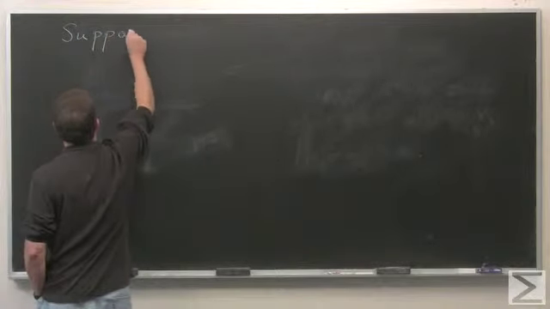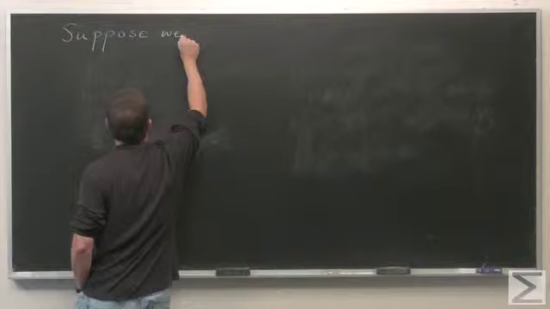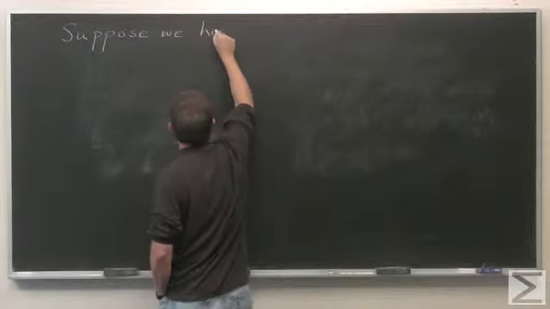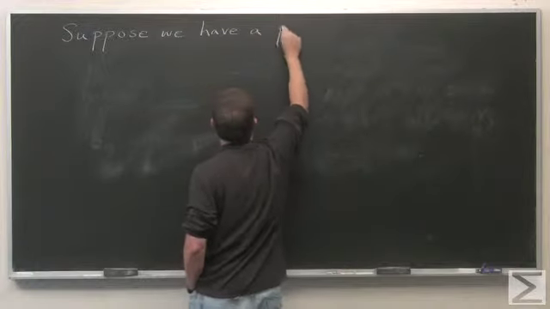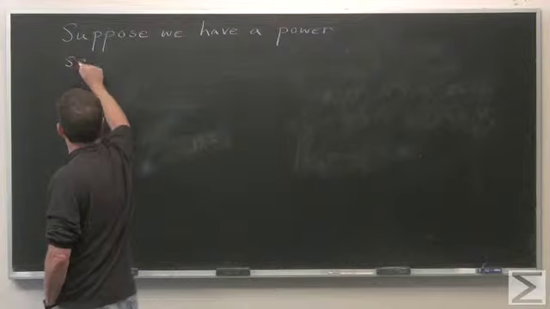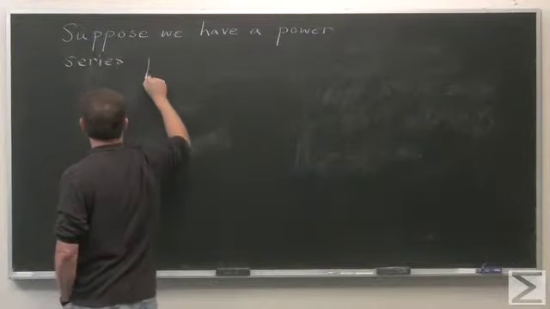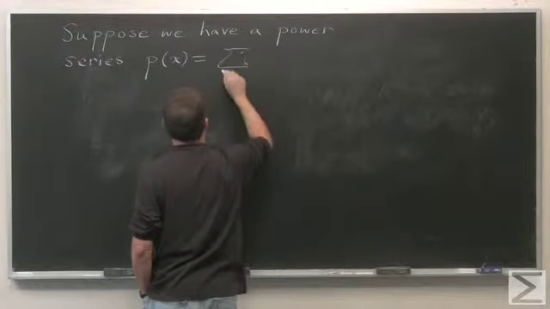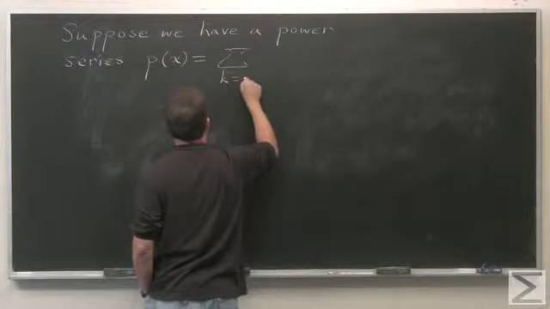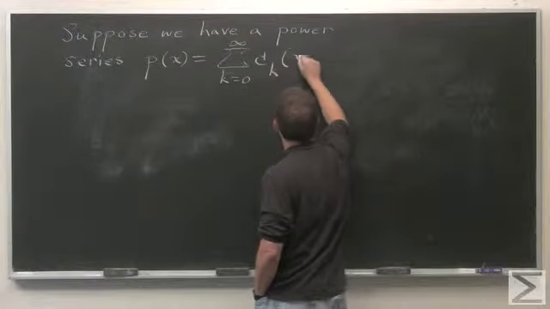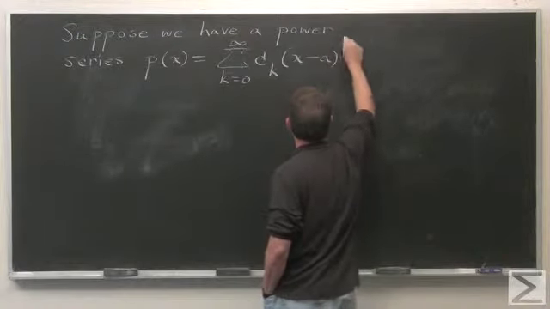So suppose we have some power series, which we are no longer assuming comes from the Taylor series of something. Suppose we have a power series P of x equals the sum, as k goes from 0 to infinity, of some coefficients times (x minus a) to the k, so it's centered at some arbitrary a.